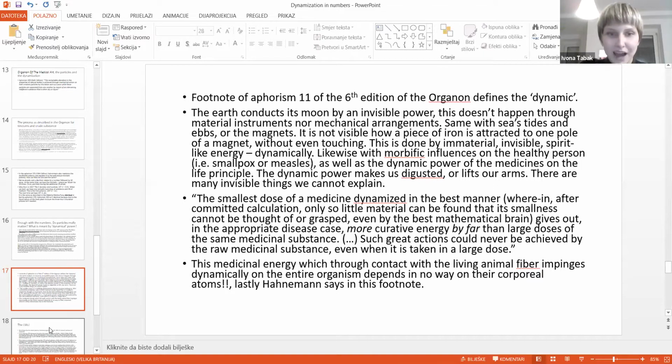He says, wherein, after committed calculation, as I have done today, only so little material can be found that its smallness cannot be thought of or grasped, even by the mathematical brain, gives out in the appropriate disease case more curative energy by far than large doses of the same medical substance. Such great actions could never be achieved by the raw medicinal substance, even in larger dose.